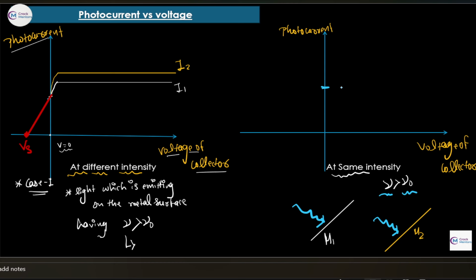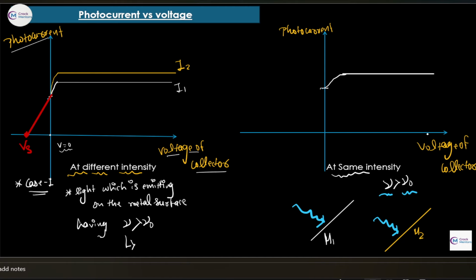Let me change the color. At zero voltage, the photocurrent has some value, and afterwards the photocurrent increases like this and becomes stable like this.